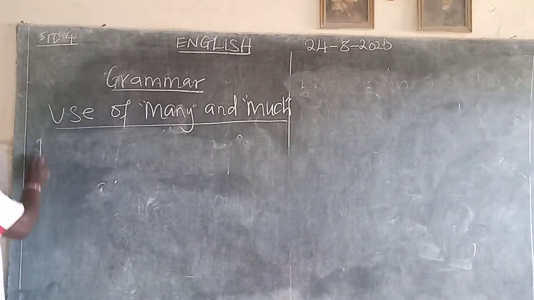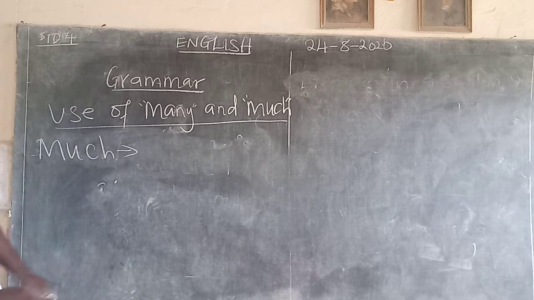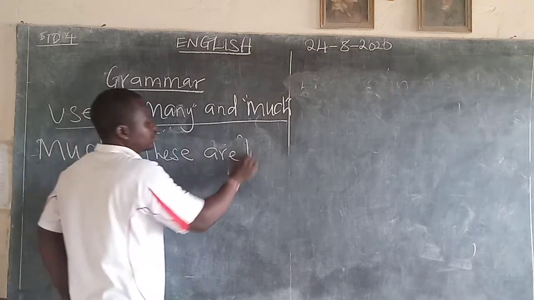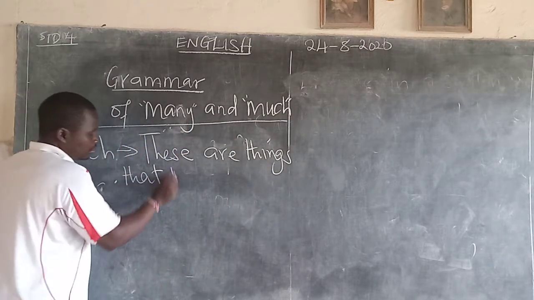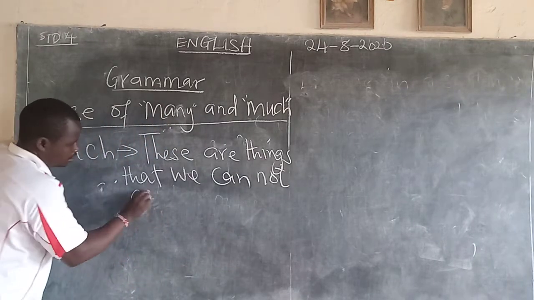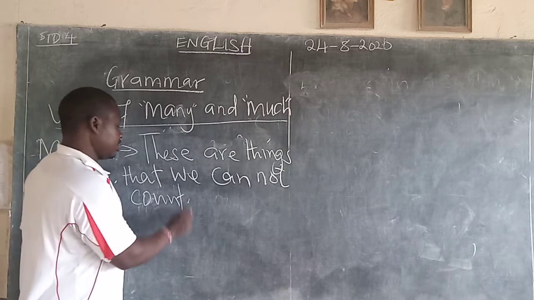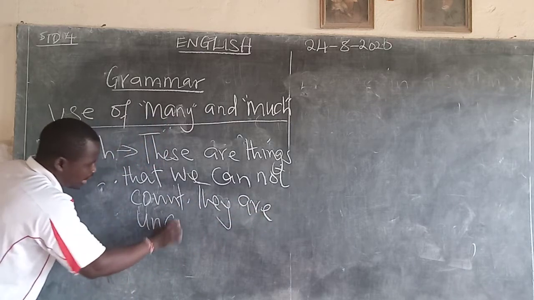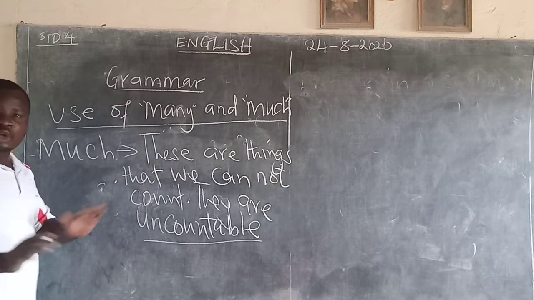Much. These are things that we cannot count. Things that we cannot count, we call them uncountable, which means we cannot count them.